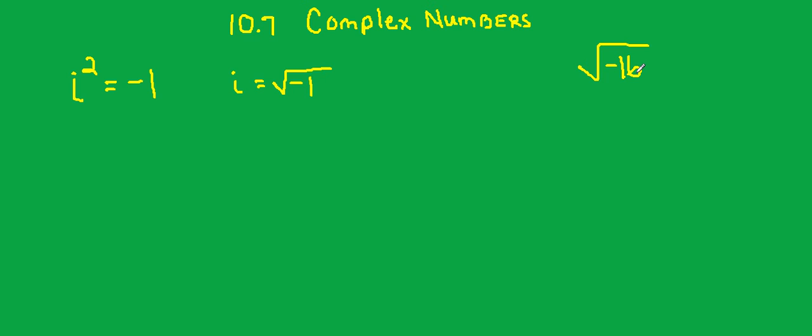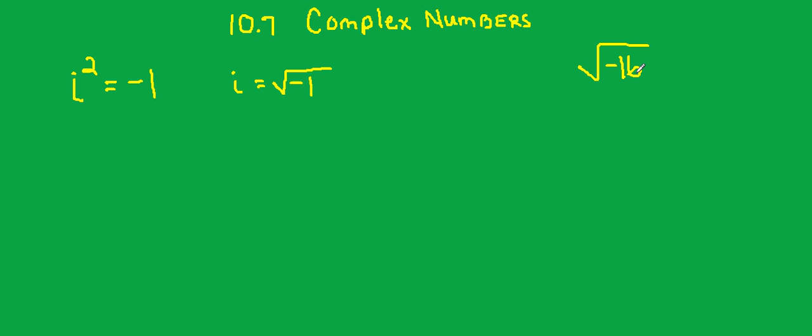In this section, we discuss a number system that includes roots of negative numbers. This number system is the complex number system. It includes the set of real numbers as a subset. The complex number system allows us to solve equations such as x squared plus 1 equals 0 that have no real number solutions.